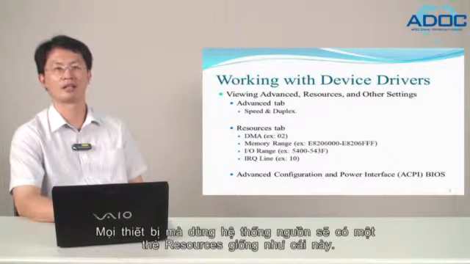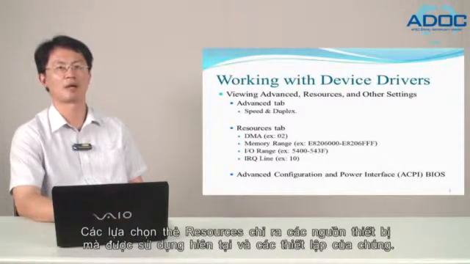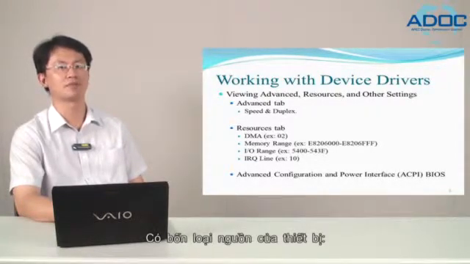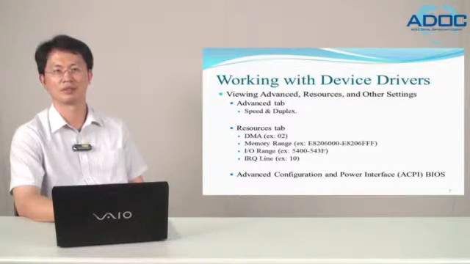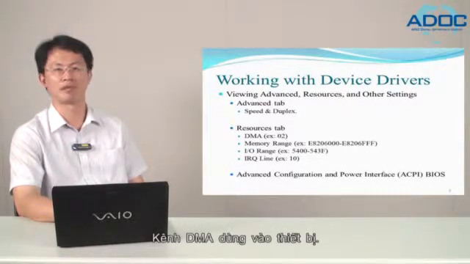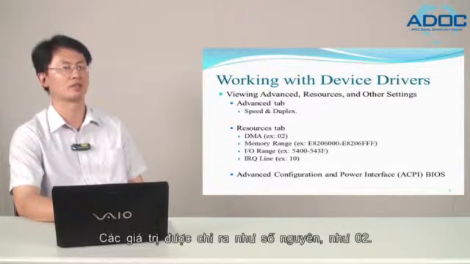Any device that uses system resources will have a Resources tab like the one shown. The Resources tab options show the device resources that are currently assigned and their settings. There are four types of device resources. The DMA: the DMA channels used by the device. Values are shown as integers, such as 02.